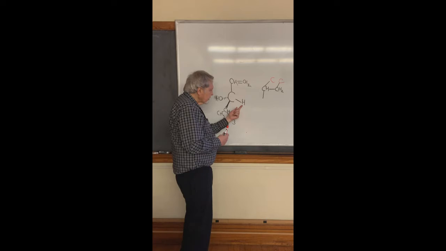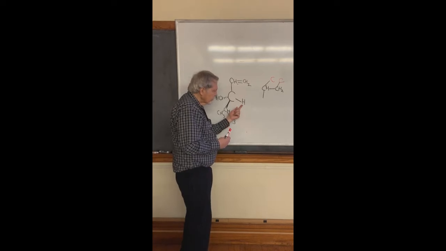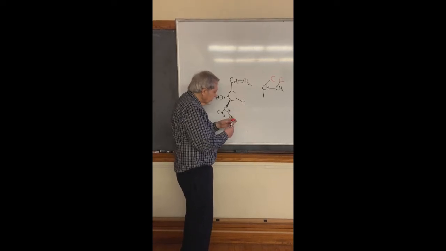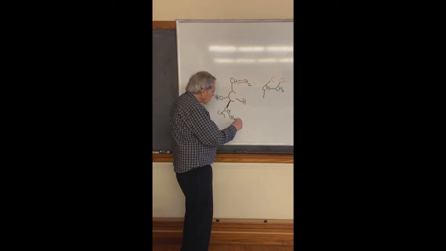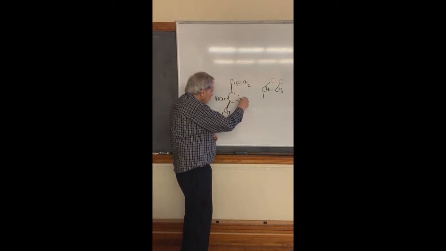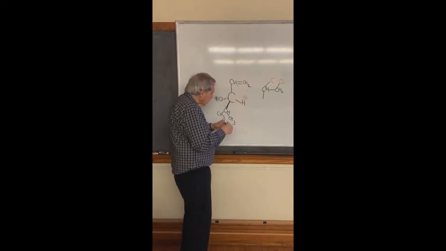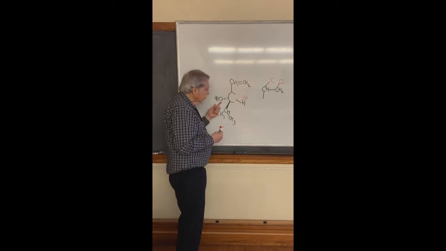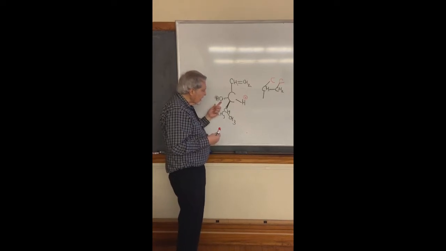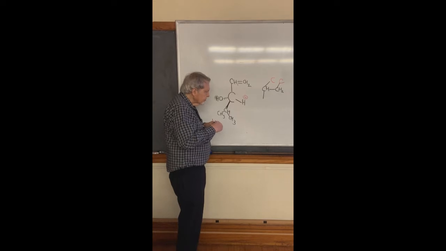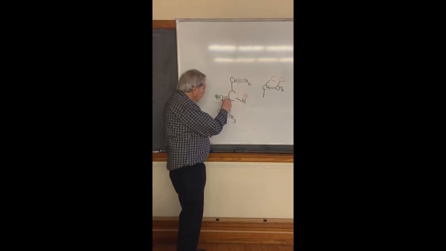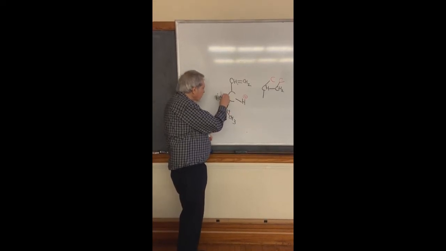The group that's obviously the lowest priority is hydrogen. It has the lowest atomic number of all of them. So we're going to mark this as group number 4, the lowest priority. Oxygen has the highest atomic number of all the first attached atoms, and so it's obvious that this is going to be the highest priority atom, number 1.